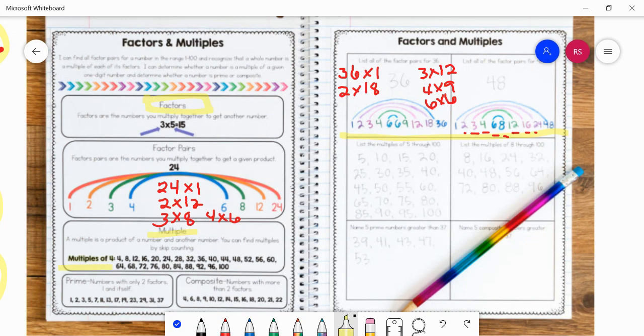Other times you might have to think in your head, okay, take my number, multiply it by 1, multiply it by 2, multiply it by 3, 4, 5, 6, as many as I can, or as many as I'm asked to do. Okay? This is just a recap on factors and multiples. Make sure that you are just trying to remember the difference. You'll always have fewer factors and you'll always have more multiples for a number.